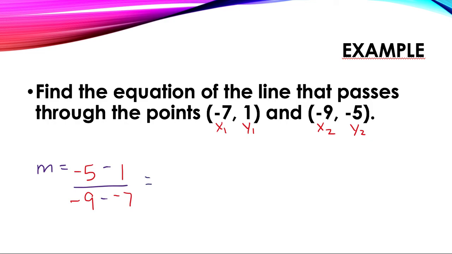And then we'll simplify. So -5 minus 1 on the top is going to give me a -6. -9 minus a -7 is going to give me a -2. And -6 divided by -2 is going to be +3.